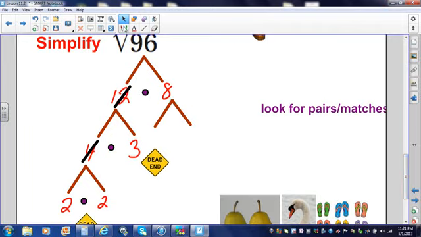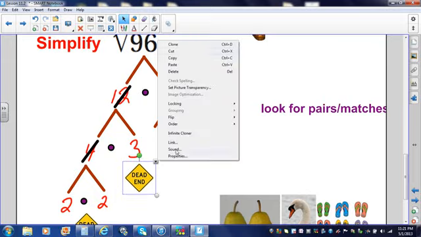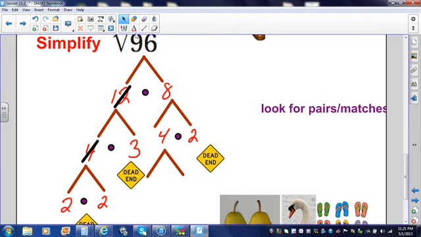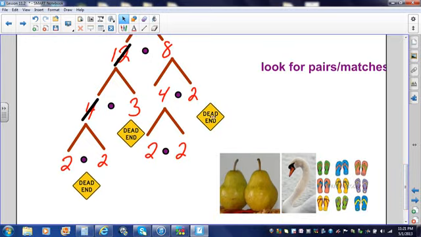That would be 4 times 2. Ooh, 2's a dead end. But how can I make 4? 2 times 2. I think I'm just about done because 2's a dead end. We got lots of dead ends.